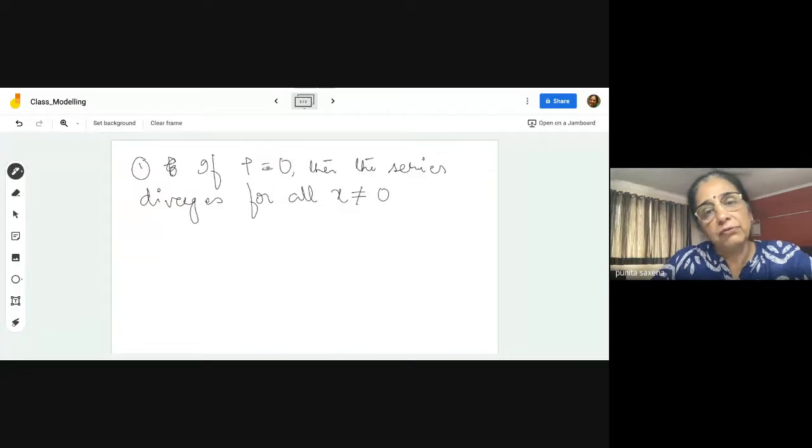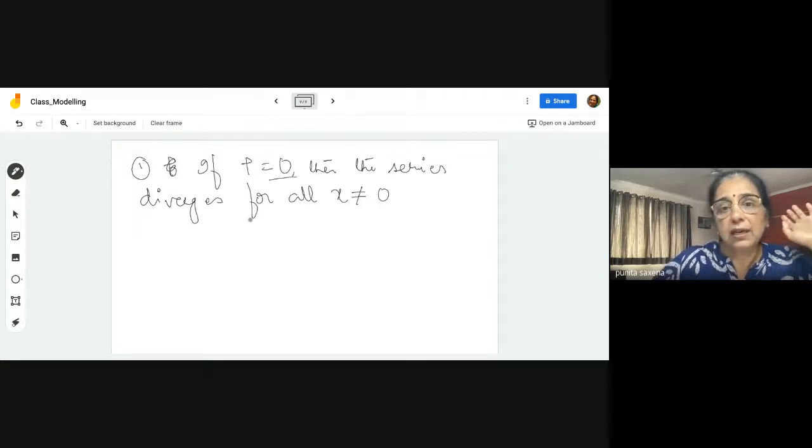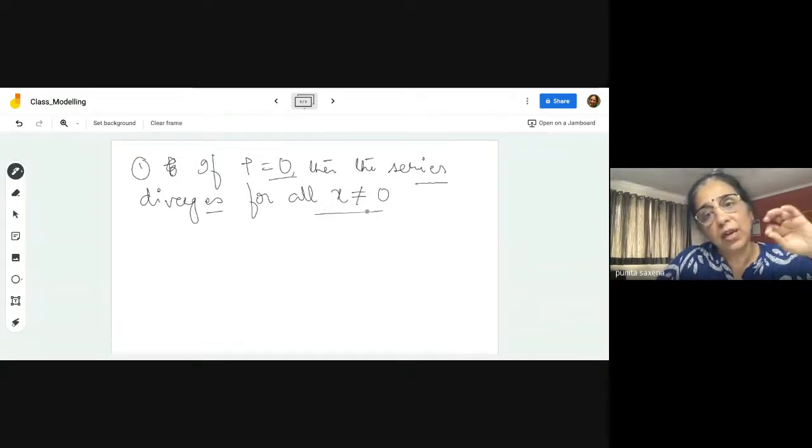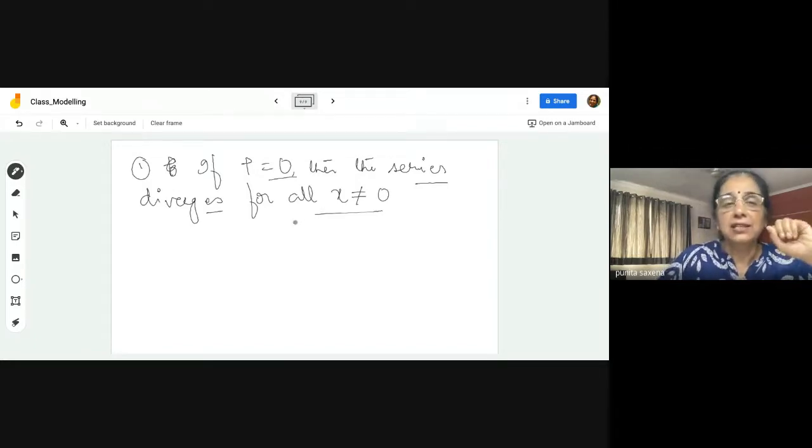That means if this limit is 0, this amounts to saying that the series is convergent only when x is 0. That's what we are saying, the series diverges for all x not equal to 0. That means when does it converge? When x is 0, right? So it's just a matter of twisting the statement.